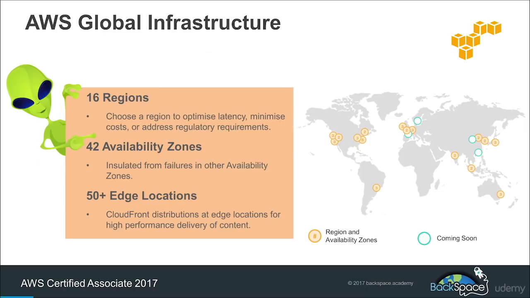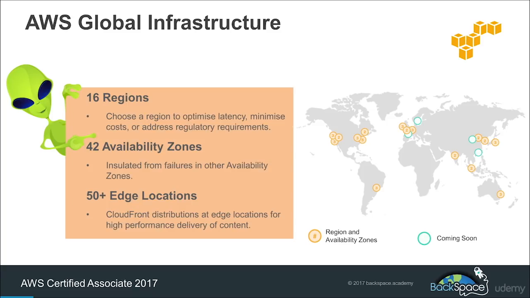The AWS global infrastructure is massive. It consists of 16 regions located across the globe, 42 availability zones, and well over 50 edge locations. Now, your choice of region can depend on a number of things. For example, you may want to give your end user the best user experience by having the most optimized latency.